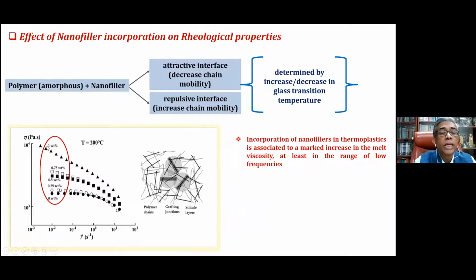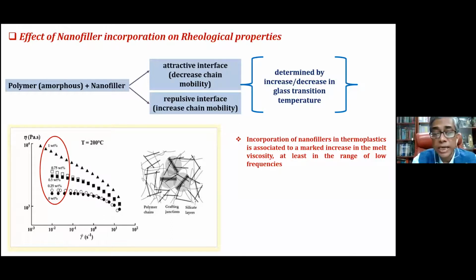See, the change in viscosity is by one order of magnitude, and this makes a tremendous challenge in processing. Those who are working with PP and calcium carbonate, if I give a nanoclay into that, they will say, "Oh, my machine is not working. My machine cannot do this processing."